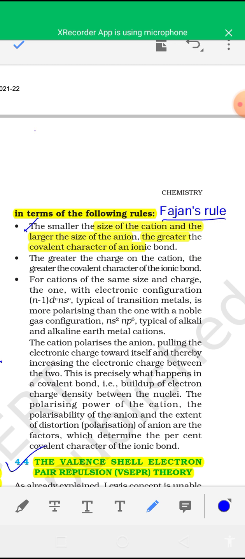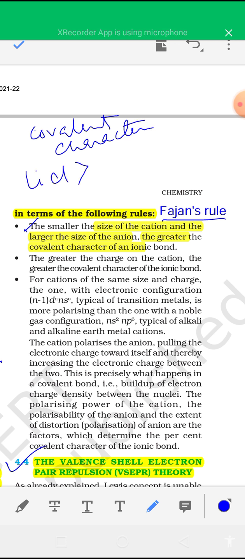The covalent character in ionic bonds is in the order: lithium chloride has much more covalent character than NaCl, then KCl, then RbCl, then cesium chloride, CsCl.